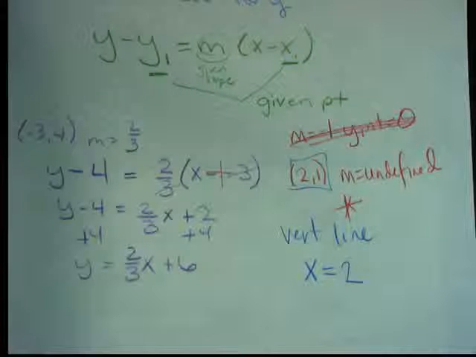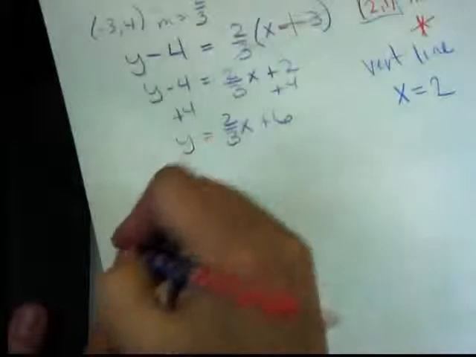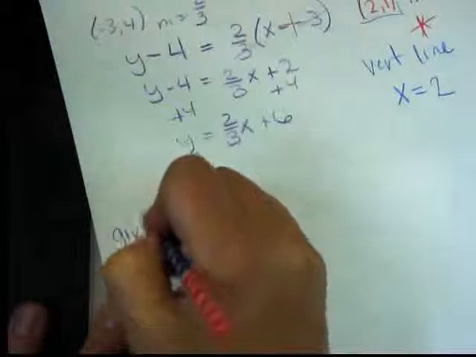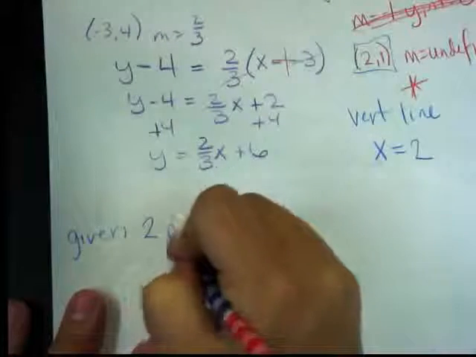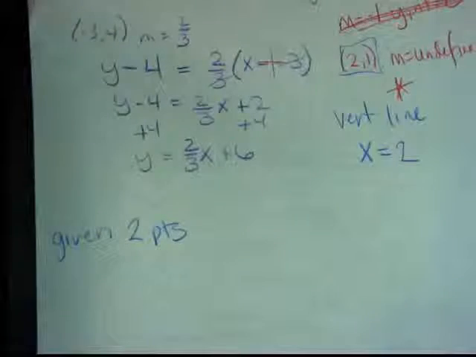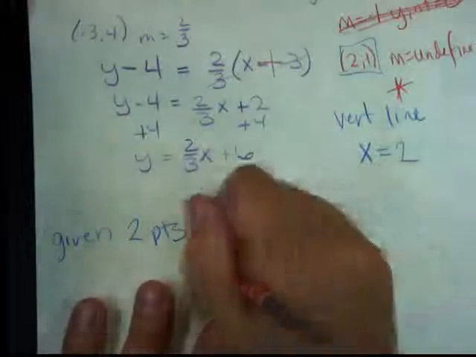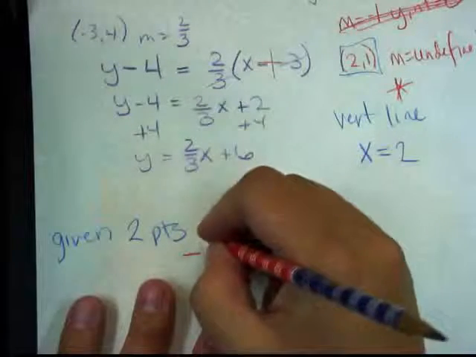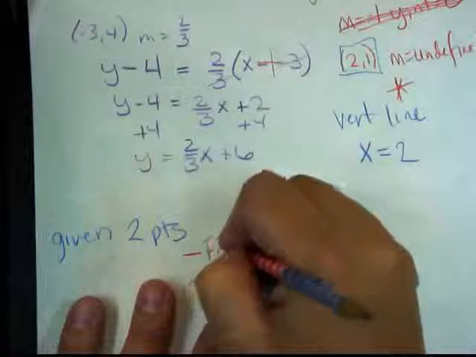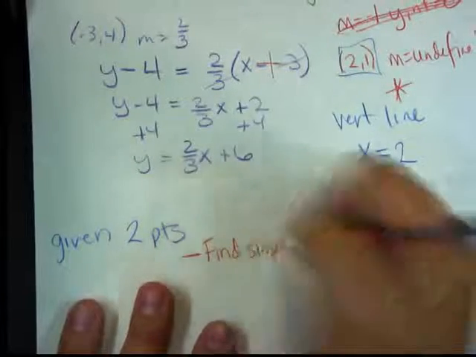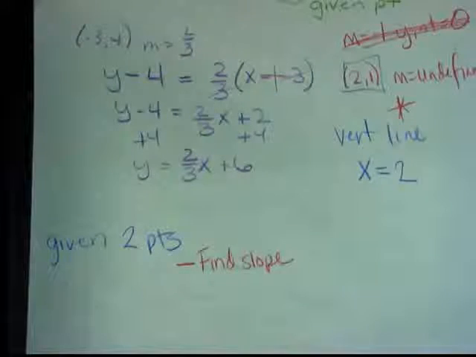All right, moving on. So that's given a point and a slope. Let's look at given 2 points. If you're given 2 points, you need to find slope, because that's what's missing from your point slope formula.